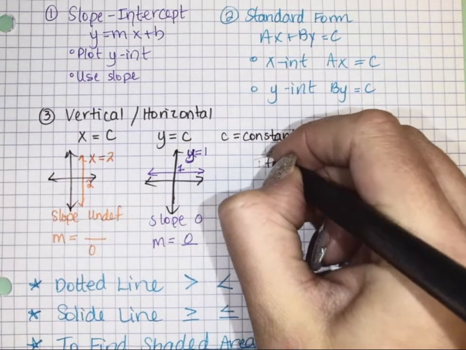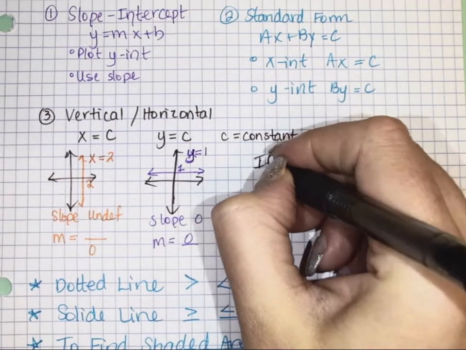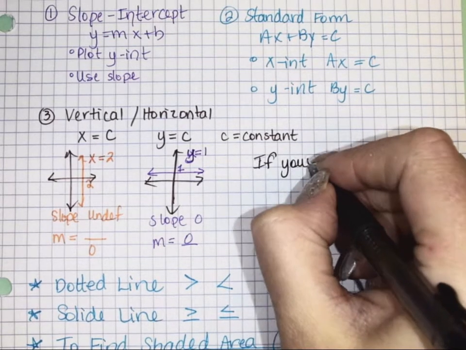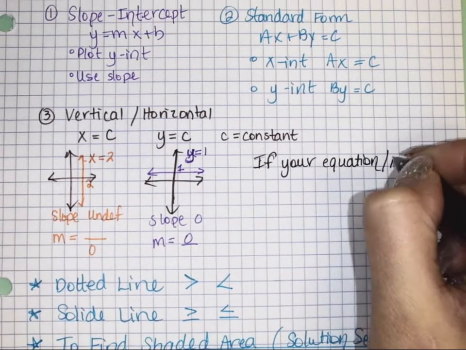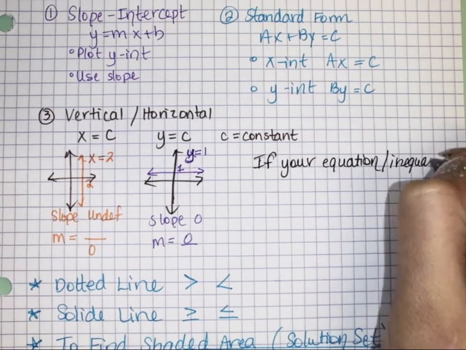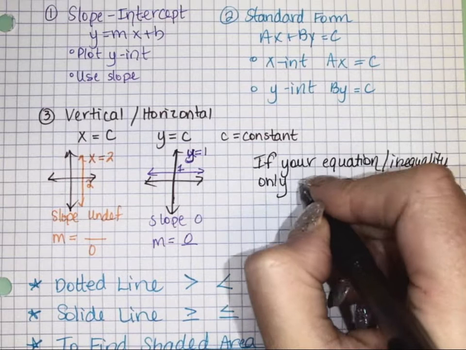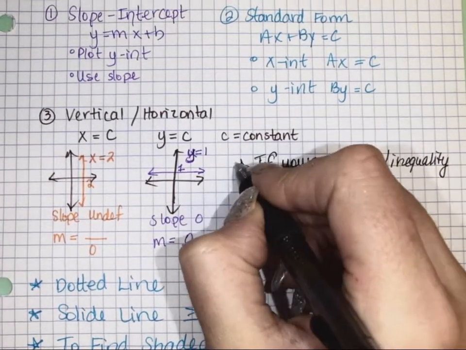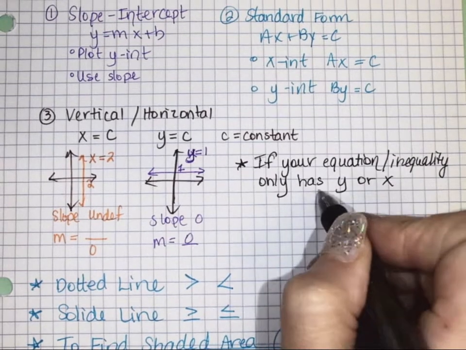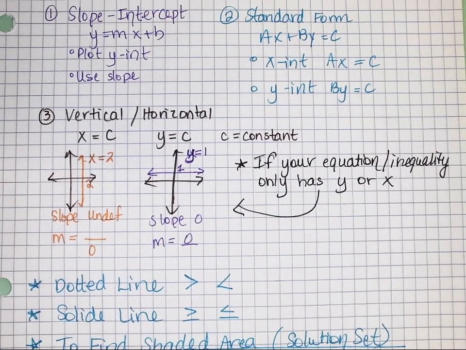So if your equation or inequality only has y or x, you can automatically know that you would have vertical or horizontal lines.